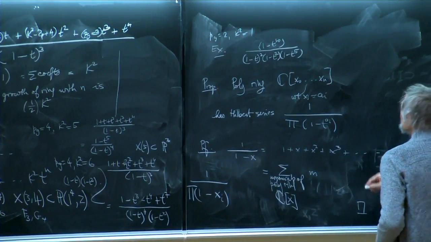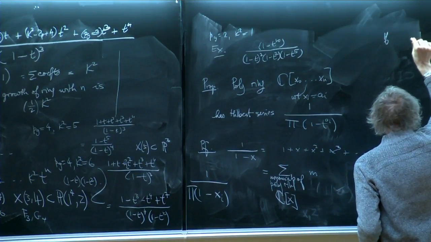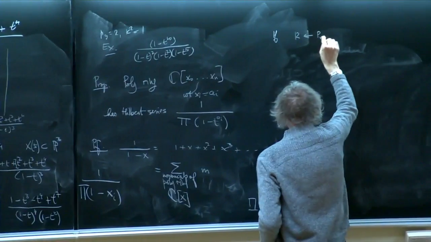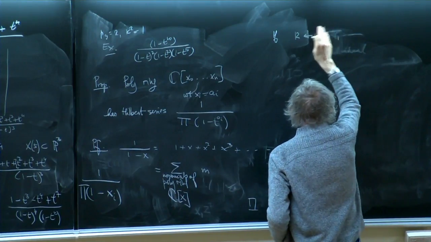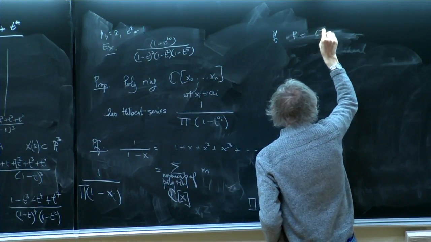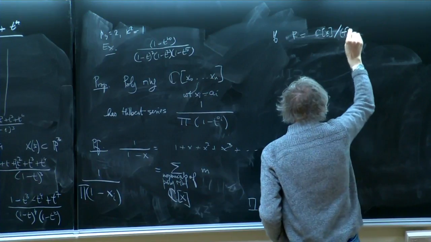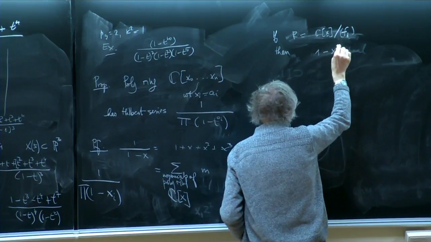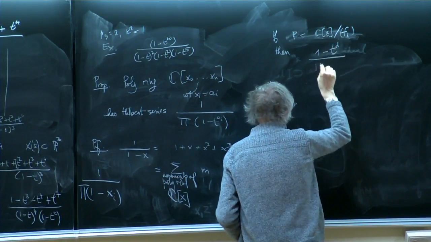And then, if R has a resolution, let's just do the simple case. If R is the polynomial ring divided by F, homogeneous of degree d, then I get 1 minus t to the power of d, divided by the same thing.